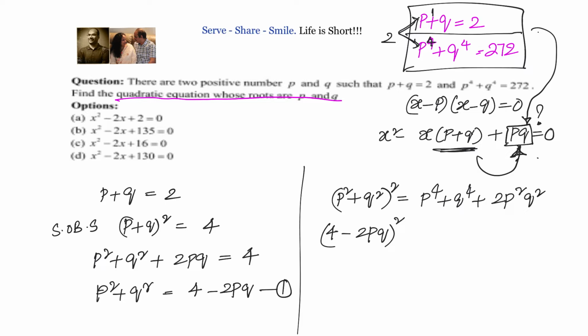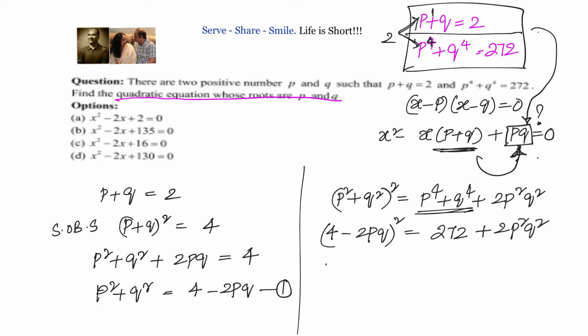So (4 minus 2pq) whole square is equal to p power 4 plus q power 4, that is 272, plus 2p square q square. Now what we have here is a quadratic equation in pq, so that we can find the value of pq.